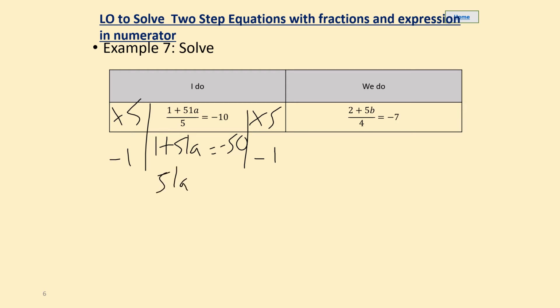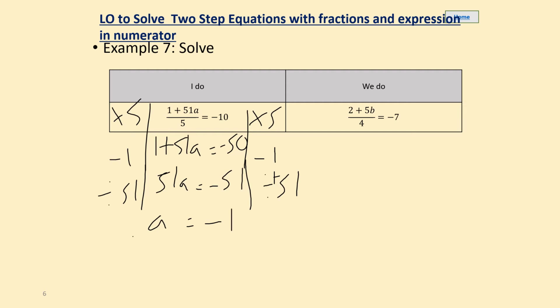So 51a equals minus 51, because we're going to get more negative. Then we're going to divide both sides by 51, because the opposite to multiply is divide. So a will equal minus 51 divided by 51. We've got mixed signs, so it's going to be minus 1.